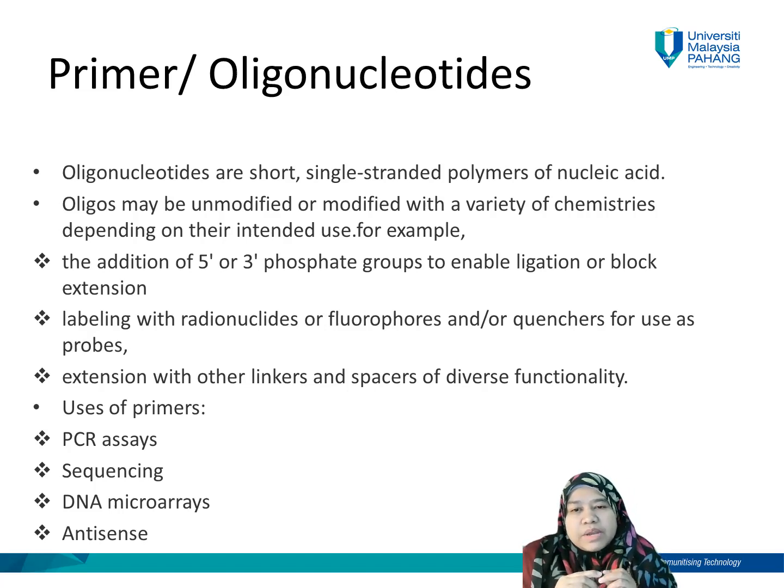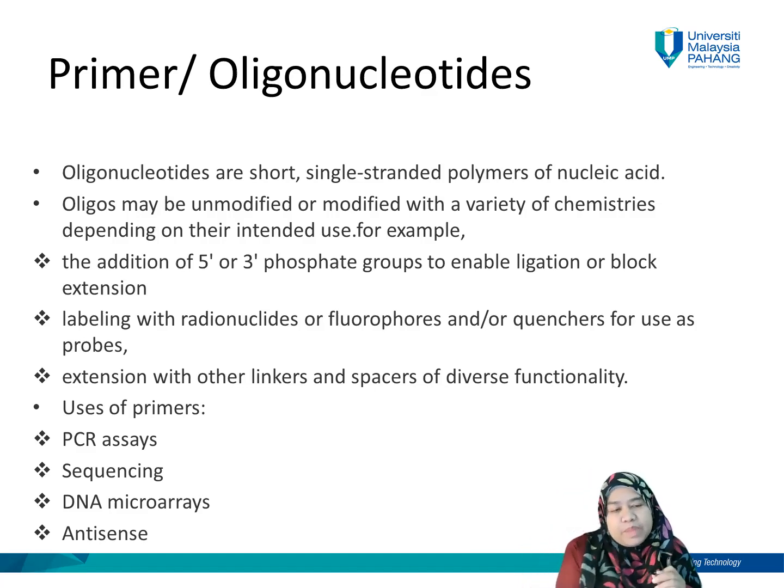Labeling with radionucleotides or fluorophores and or quenchers, for use as probes. The primer can be used as a probe as well. When it is labeled, you can detect it during the analysis.